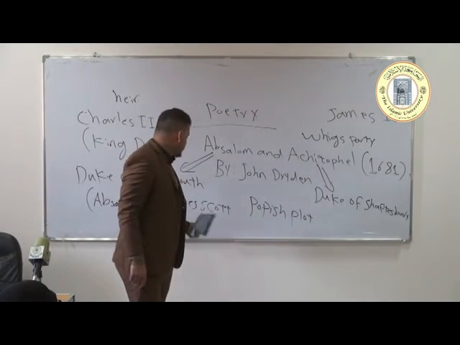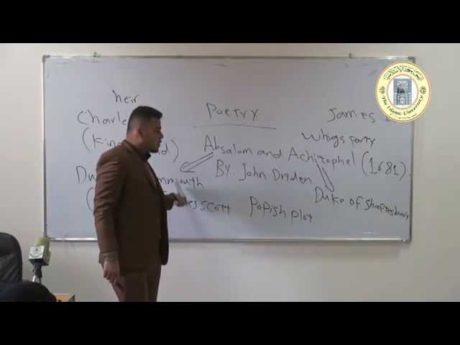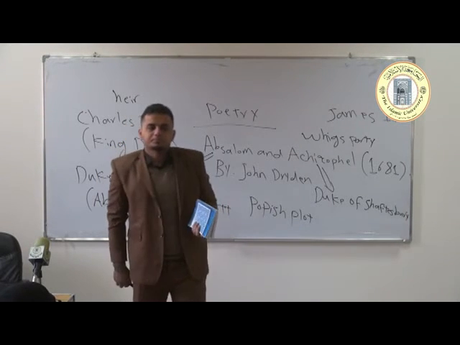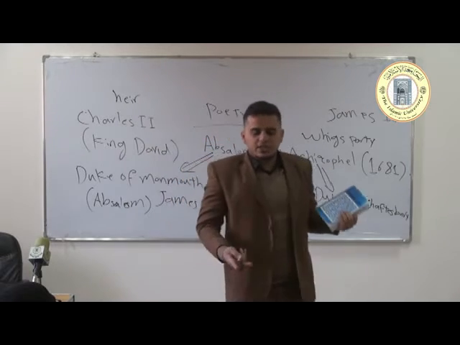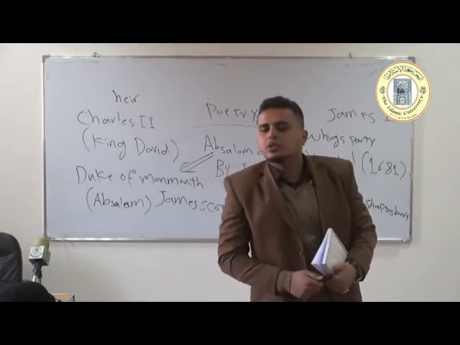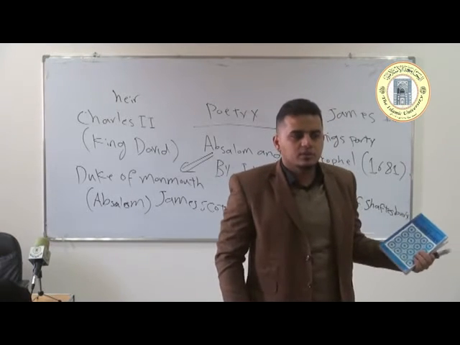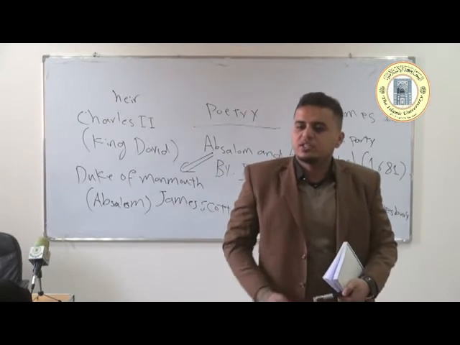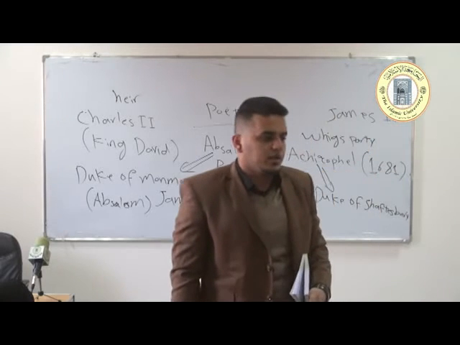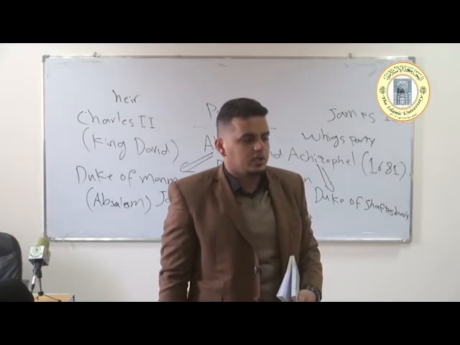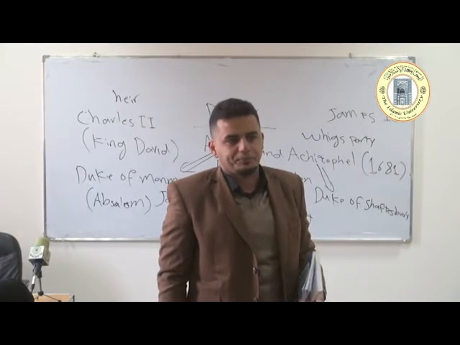He supported James Scott, Duke of Monmouth. Do you see the parallelism? The writer uses parallelism between a story in the Bible and the political situation in England in 1681.